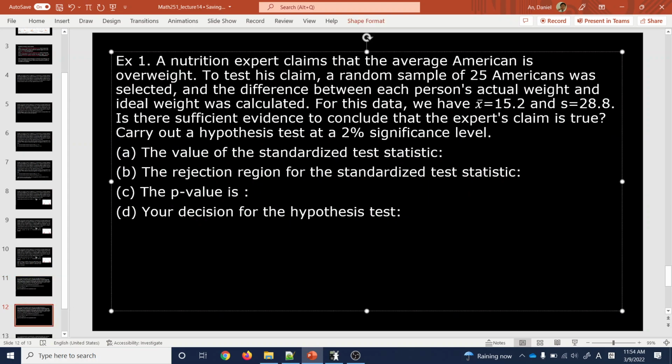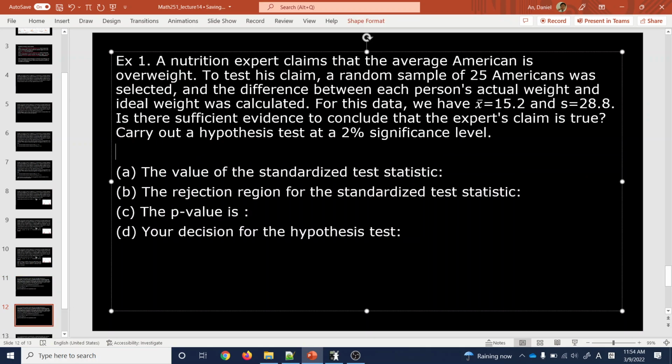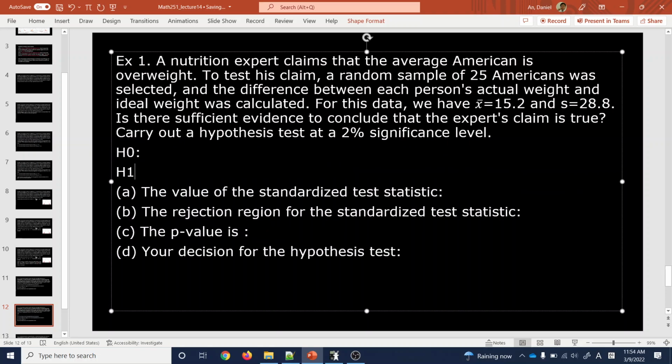Now, before we do anything, we should start out by figuring out what H0 and H1 are, right? So what do we want to prove? Because you want to prove that the average American is overweight.